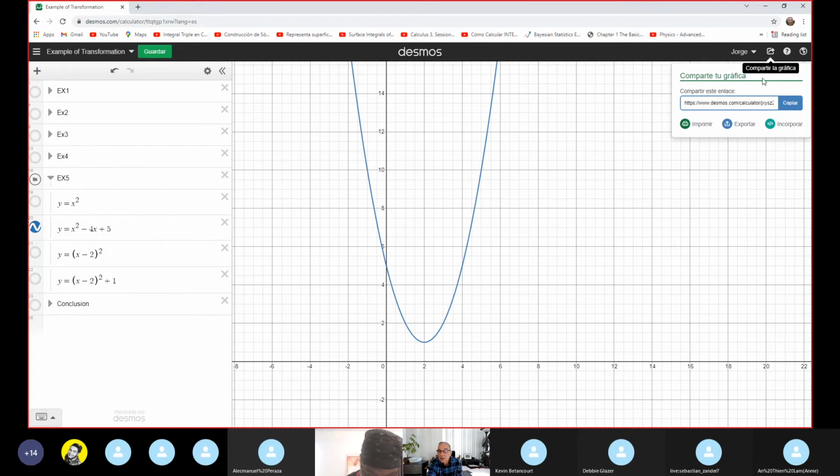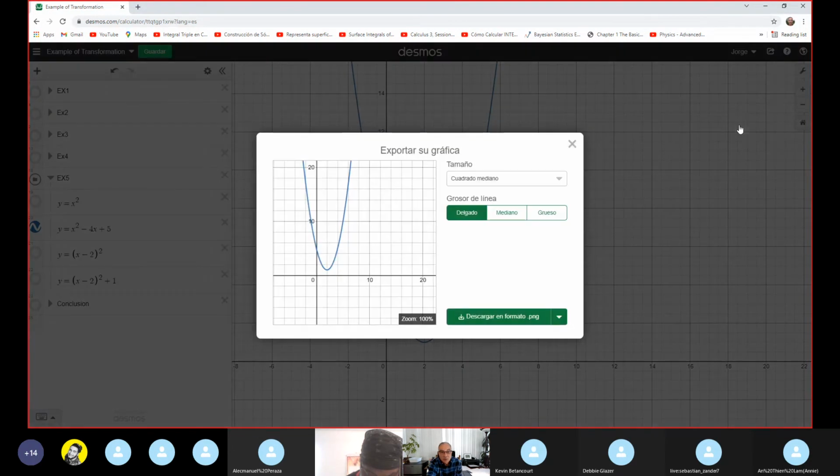You print here if you want a piece of paper, or you export. Look at that, and you download in the format of a picture. And this is medium, hard, bold, either way, the way that you prefer.